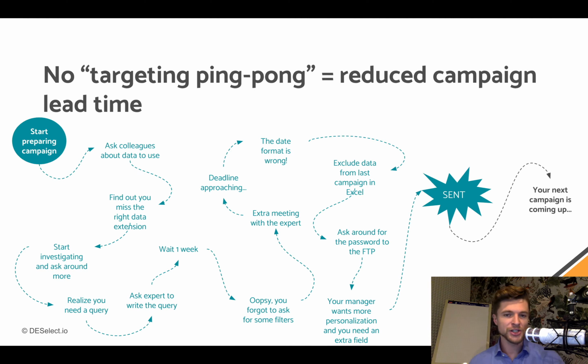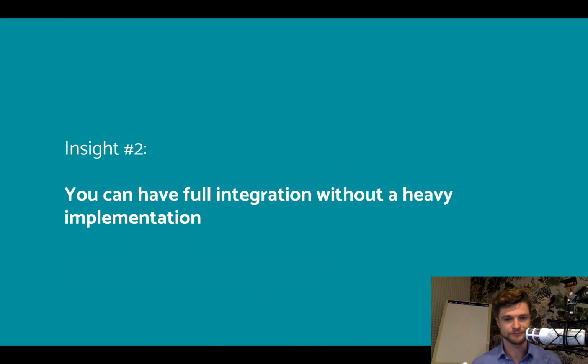This is majorly inefficient, but it also really increases the time before you can go live with your campaign, while the deadline for your campaign go-live date keeps coming closer. So it's a very stressful thing. And this is unnecessary if you're able to do this yourself as a marketer.